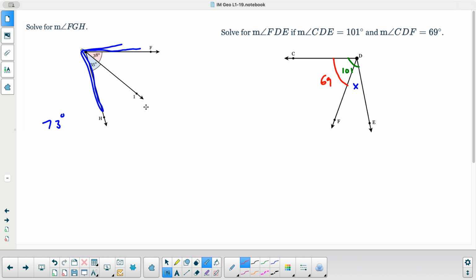So it's the same as this, where over here we had 35 plus 38 equals 73. Here we have X plus 69 equals 101. So you have to subtract to find X. You get X equals 32 degrees.